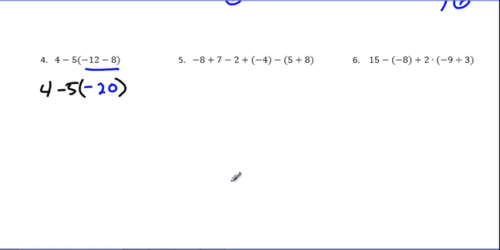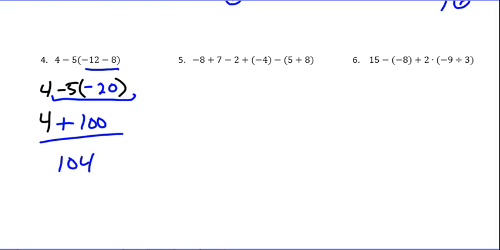And keep in mind, when I multiply, I should include the sign with the number. So I'm not subtracting 5. I'm multiplying by negative 5. So a negative times a negative is a positive. 5 times 20 is 100. Drop down everything you didn't touch, which is simply that 4. And finally, I could add my numbers together, and my answer is 104. Alright, moving on.